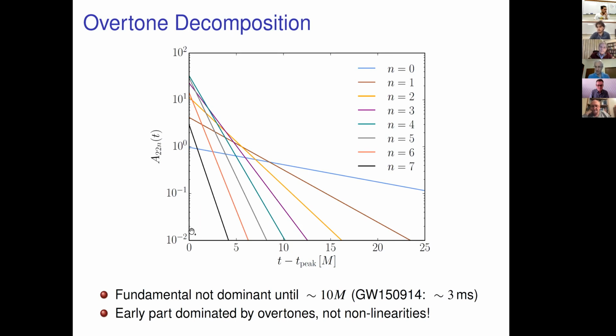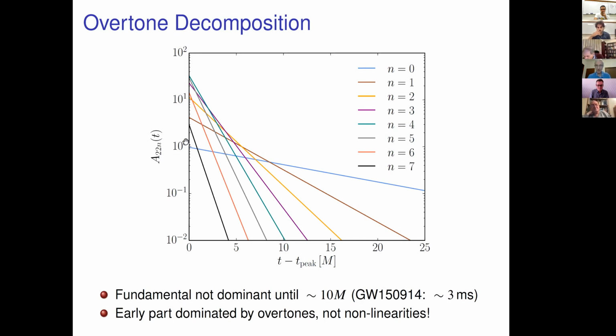The overtones, which we're used to thinking of as subdominant, are actually bigger in amplitude than the so-called fundamental at the peak of the waveform. It's true that they decay more rapidly, but the early time signal is dominated by the overtones. And that's why it's possible to get a good fit.